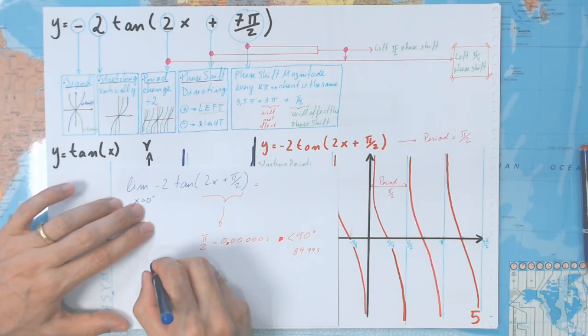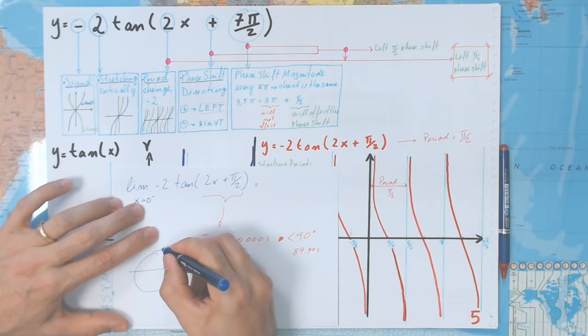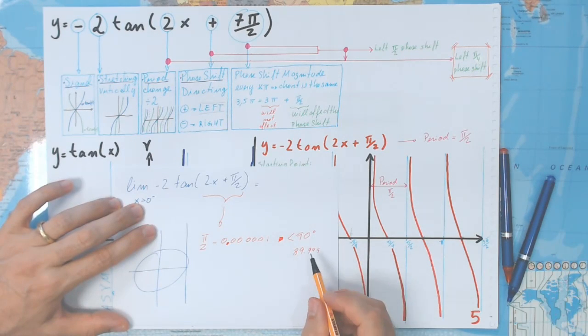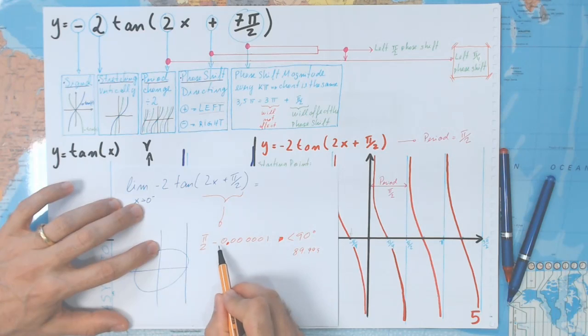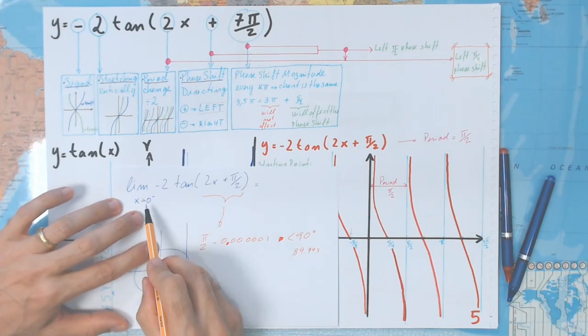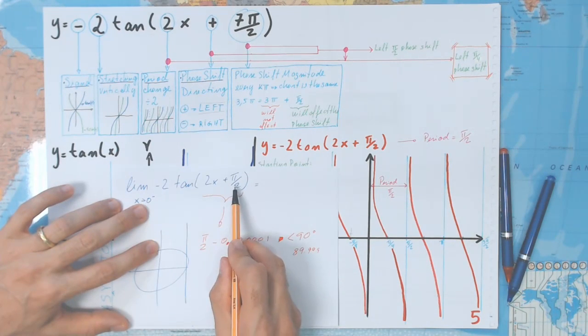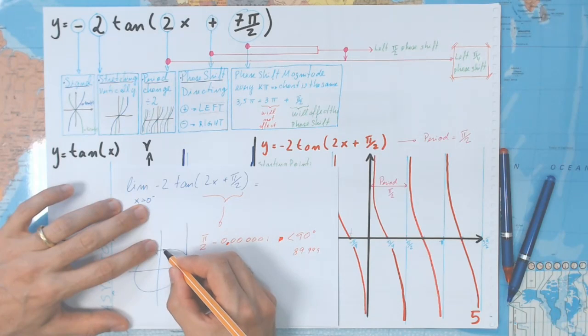And again, this is tangent, that line is tangent. What does that mean here? Pi over 2 minus something very tiny. Why? Because 0 is going to be very tiny, but subtracting from this guy. So it's going to be maybe in here.